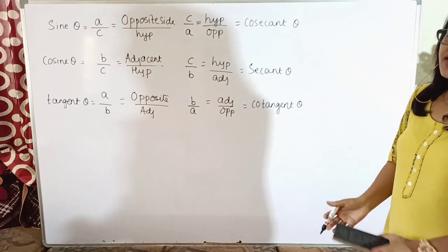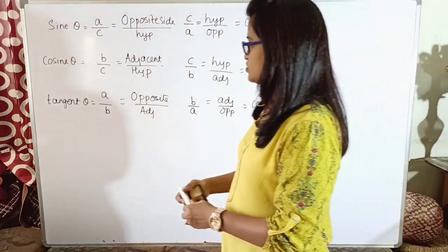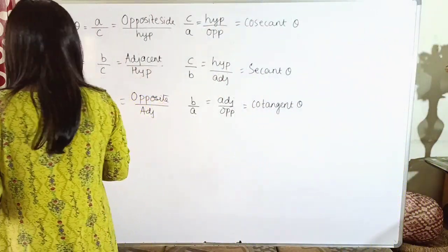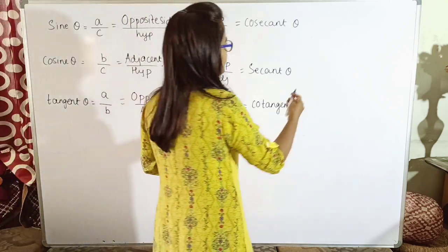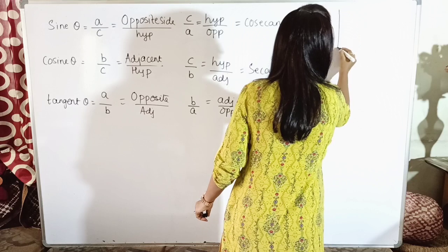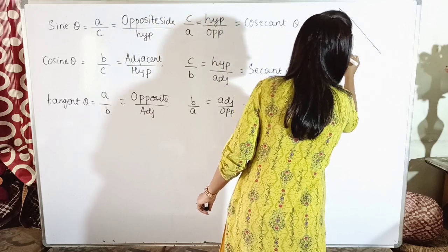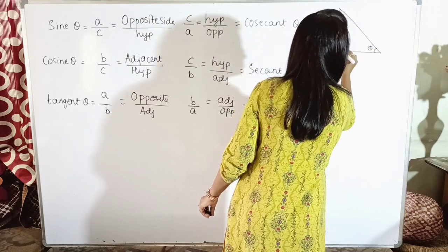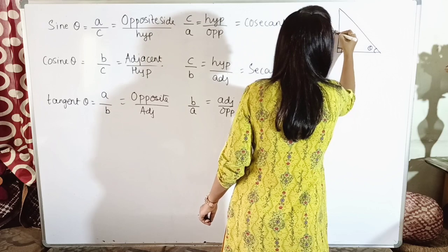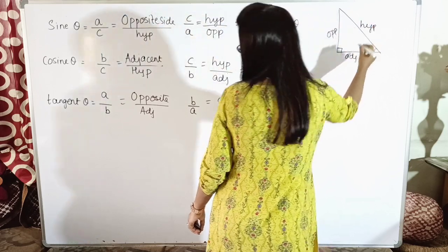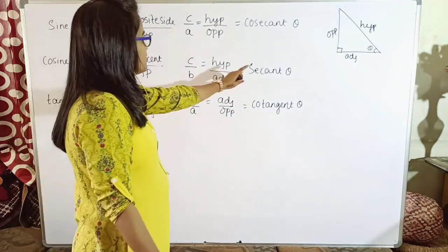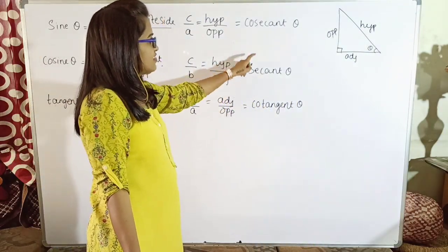So these are the names for the ratios depending upon the angle theta. When you have taken the reference angle as theta, these are the ratios which are said to be sine, cosine, tan, cot, sec and cosec.